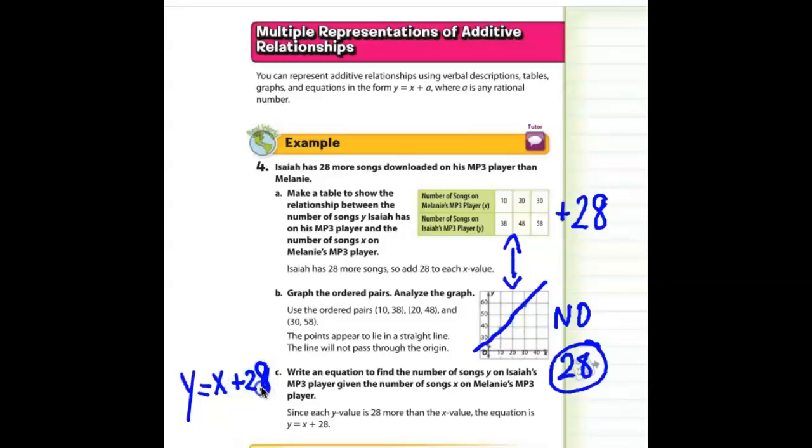What is independent is Melanie. Whatever Melanie has, he has 28 more. That's why this constant is where it crosses the y-axis, because if she had 0 songs, he would still have 28. That's why we don't have 0, 0. We have 0, 28, because even if she had nothing, he would have 28.